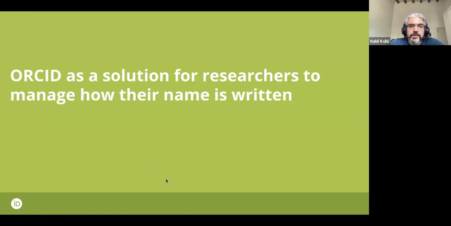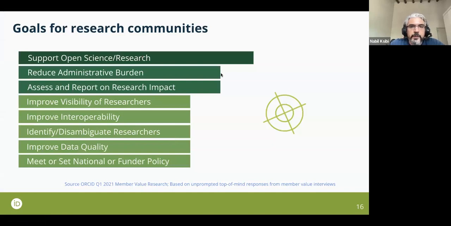Now, if you look at ORCID as a solution for researchers to manage their names and to lift ambiguity on their names, after a survey that we conducted in 2021, we realized that the big majority of our community and our members are voting for ORCID as very supportive of open science and research, also as an infrastructure to reduce administrative burden, and also to assess and report on research impact.